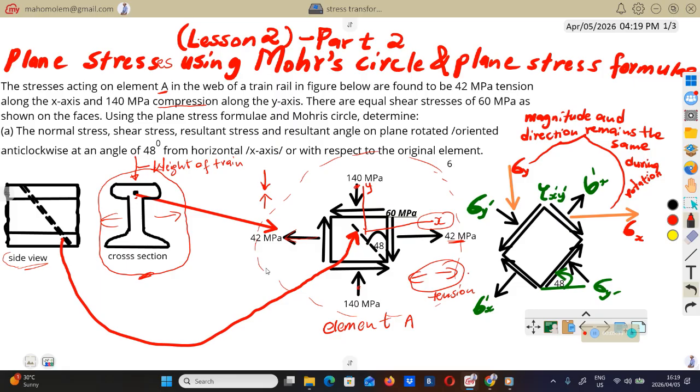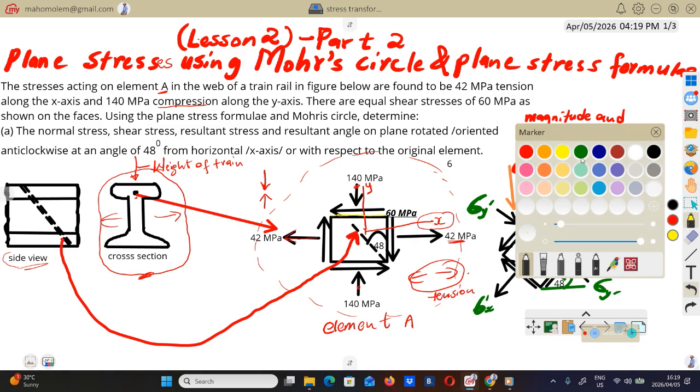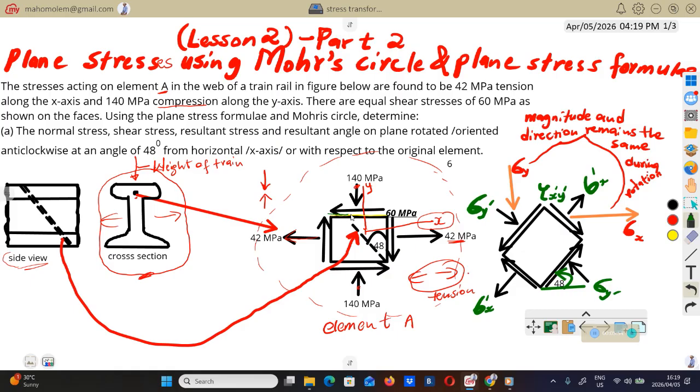Right. Now we're going to find what we call the plane stresses. This here is what we call a plane. Here we have a horizontal plane, and this one is a vertical plane.